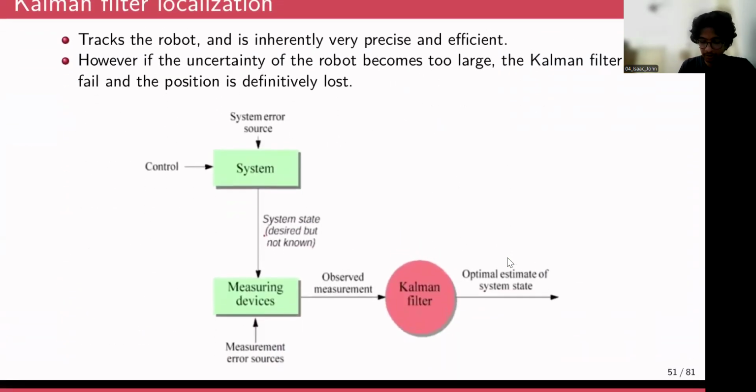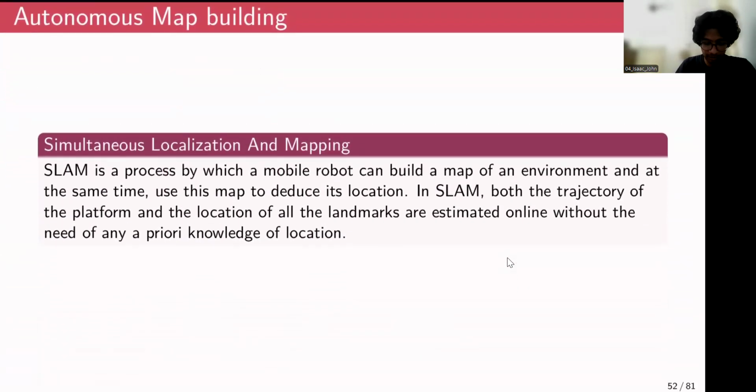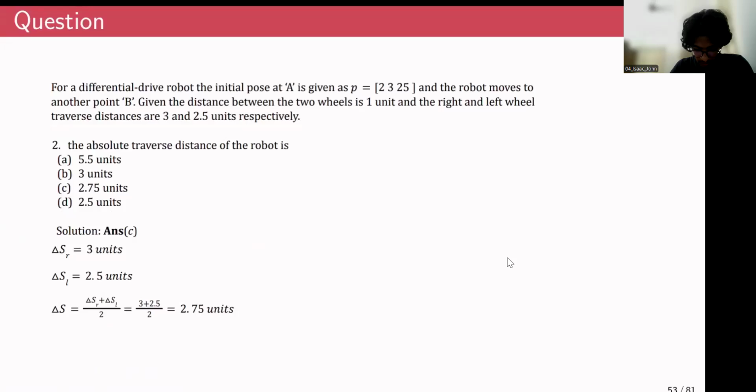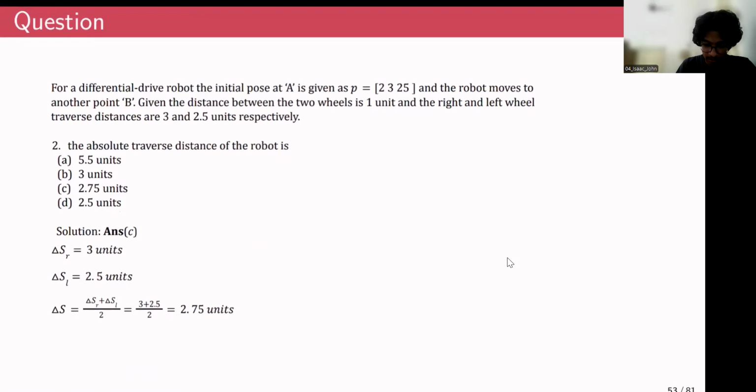And their key defining principles were discussed in the lectures as well as in the tutorial sessions. And we have also briefly described what SLAM, or simultaneous localization and mapping, is all about. One typical question that we can see is: given a differential drive robot, the initial pose at A is given by (2, 3, 25 degrees).